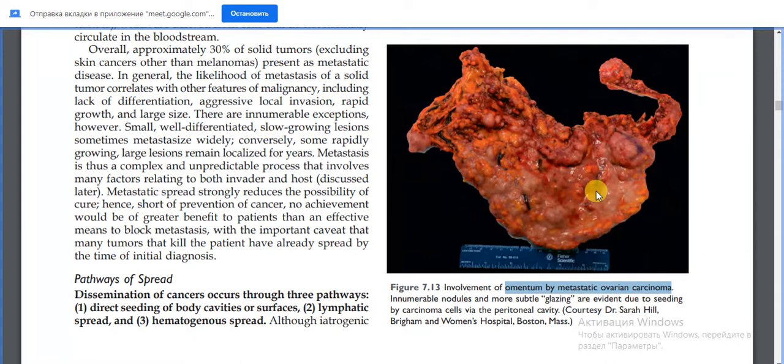From my clinical practice, I knew a patient who had an endometrium tumor. She was recommended to have surgery, and after the surgery these tumors appeared in the peritoneal cavity. So what's my message here?